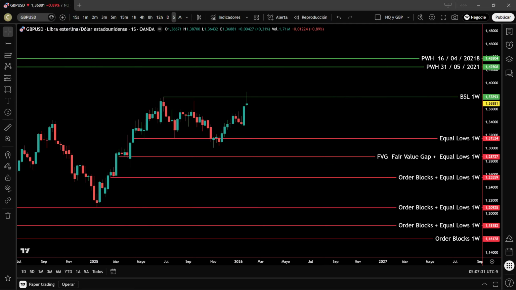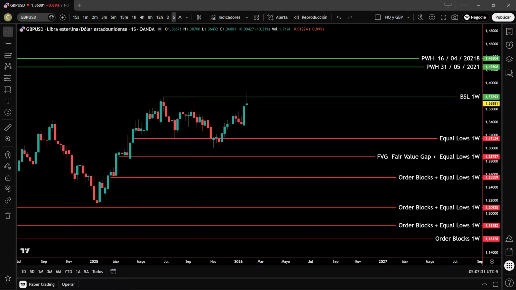By zooming in on pound sterling to US dollar, the market structure reveals a very defined bullish consolidation narrative. Currently, price is resting on a first level of equal lows near 1.315, serving as immediate support. However, the point of greatest technical interest lies just below, where we locate a fair value gap confluent with additional equal lows at 1.287.